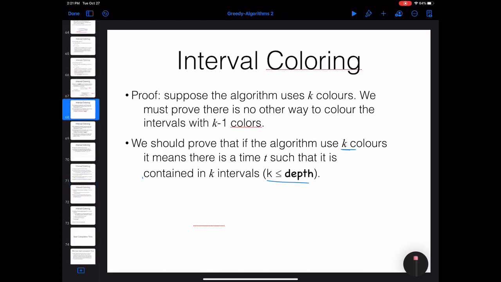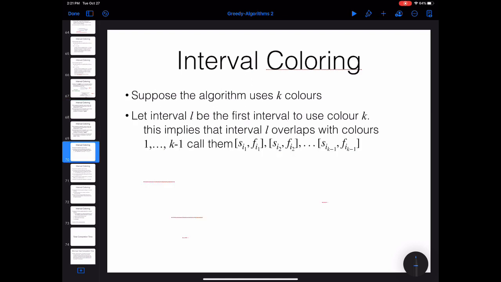So what I need to do is to show this part. I have to show that if the greedy algorithm gives me k colors, definitely I can find some time t at which k different intervals are running at the same time. How am I going to prove that? The greedy algorithm tells me it needs k colors, right?